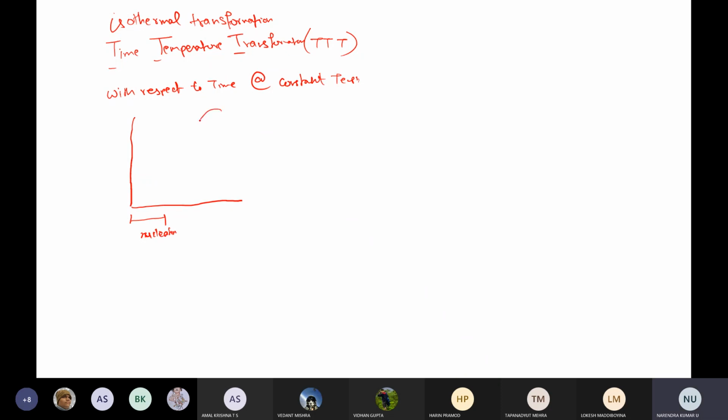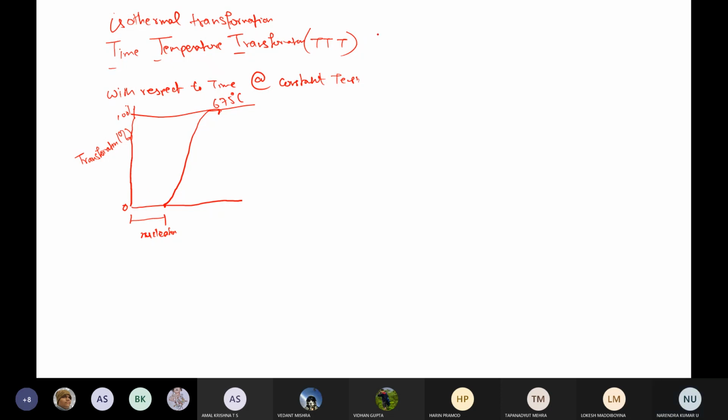And then you have the S curve, which is nothing but the transformation in percentage. This is 0% and this is 100%. So this is like 675 degrees Celsius.